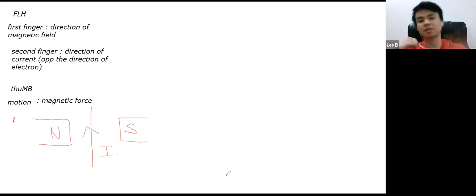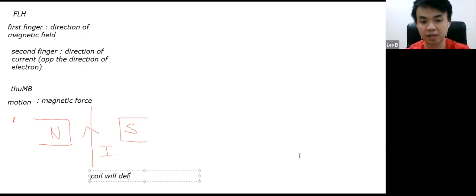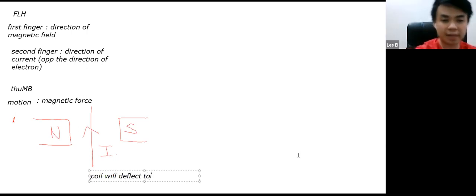Now, let's say you have a coil and the current is flowing upwards, cutting through a magnetic field like this. We are going to discuss where the coil will deflect. You know the magnetic field always goes from north to south, right?